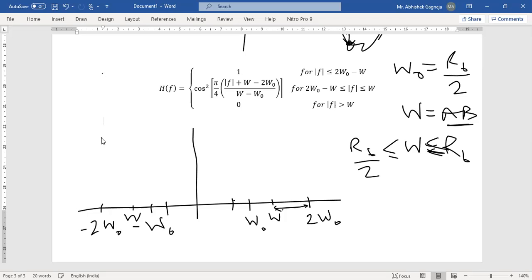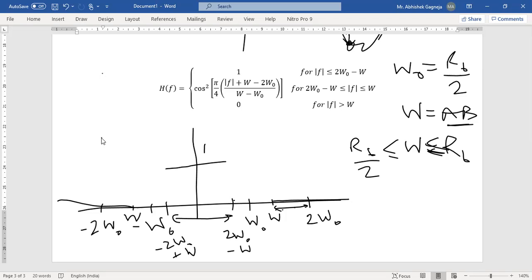So a range of these points, and this is minus 2W naught plus W, and this is 2W naught minus W. Okay, so for these values the data is 1. And next, for all values obviously greater than bandwidth, the data is 0. That much is established, no issues.